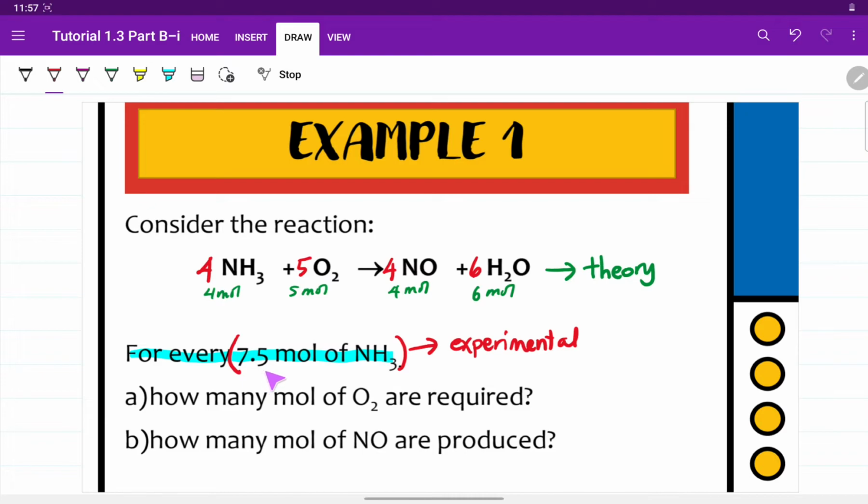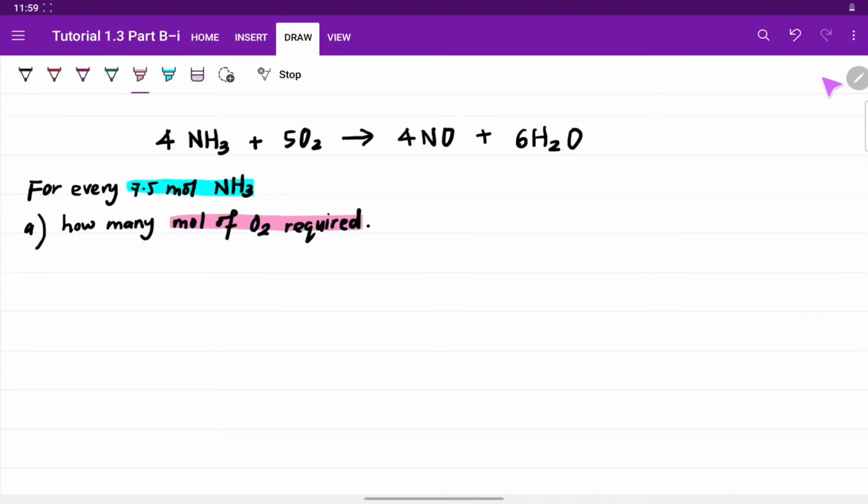Now, let's look at the calculation. So we have our balance equation over here. Like I mentioned just now, this is from experiment. Experimental value. And then we want to know what is the number of mole of oxygen required.